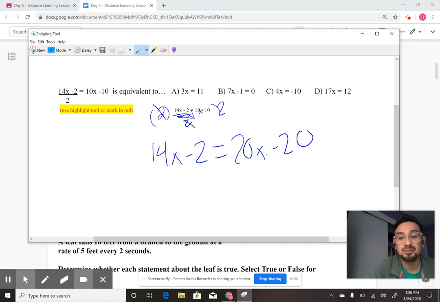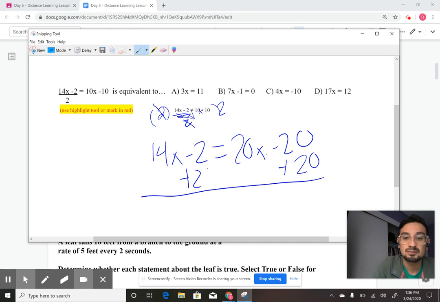And then from here, we've got to do a balance move. You could do many different things. You can add the 2 to both sides. You can subtract the 14 from both sides. You can add the 20 to both sides. I'm going to add the 20 to both sides. So 14x plus 0 is 14x.